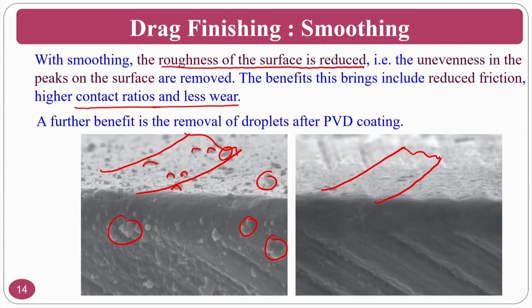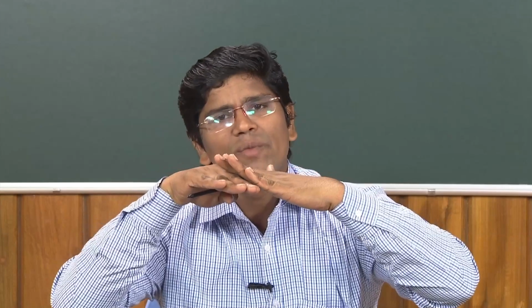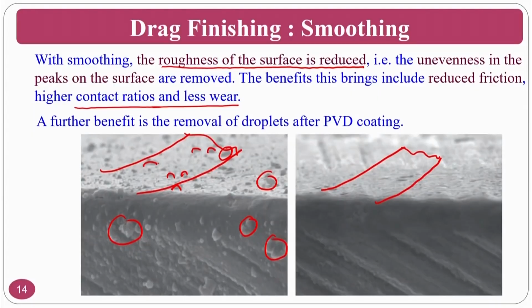That means that your rake surface chip movement will have very less friction if you do the drag finishing operation and remove the droplet type of structures, nanostructures, microstructures that are formed after the PVD coating. If you can remove them by the drag finishing process, that means that your frictional forces can be reduced.